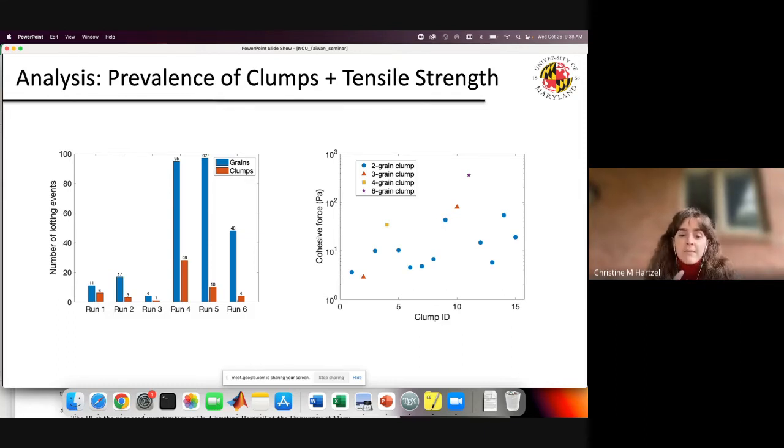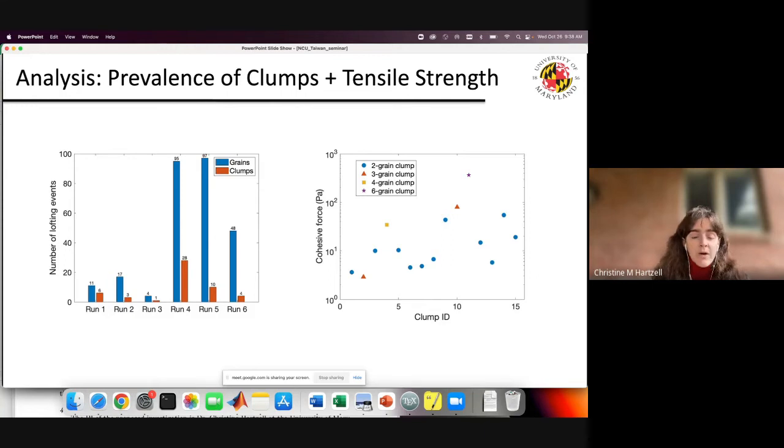And by looking at those, we can calculate the acceleration of the particle at the instant when it detached from the surface. And that acceleration at the instant that it detached from the surface basically gives us the cohesive force on the particle at that instant of detachment.